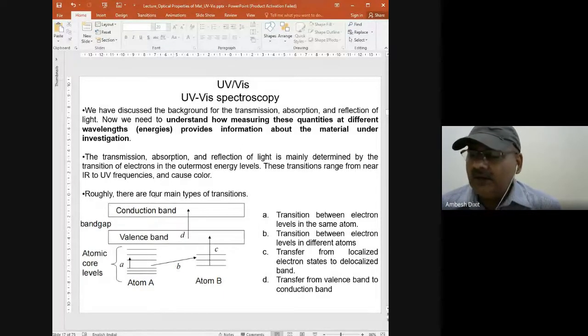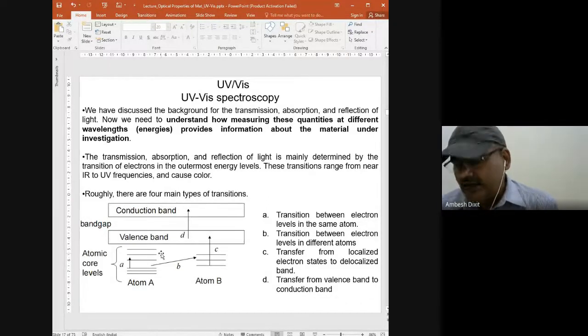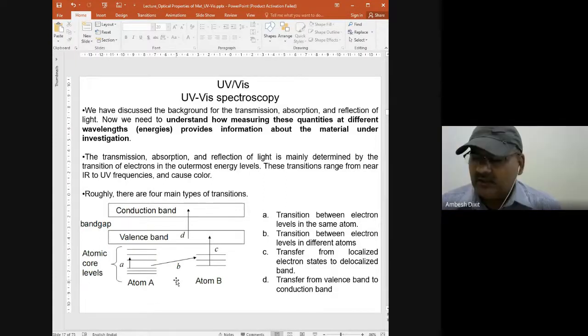What is happening always is that these transitions lead to electronic transitions, and these electronic transitions decide the material's properties. In general, for the interaction of light with matter, I can list four possibilities. There may be many more, but in general four.